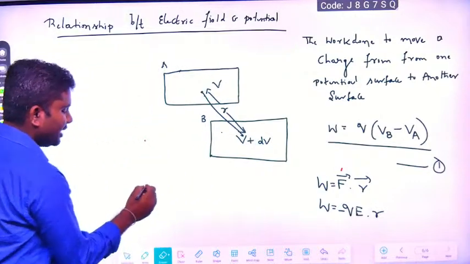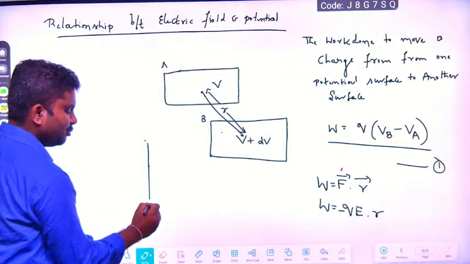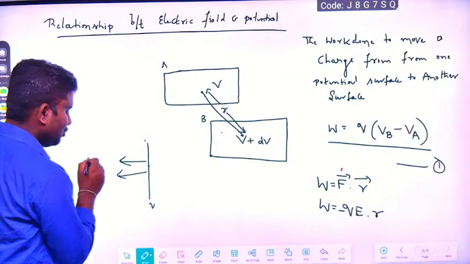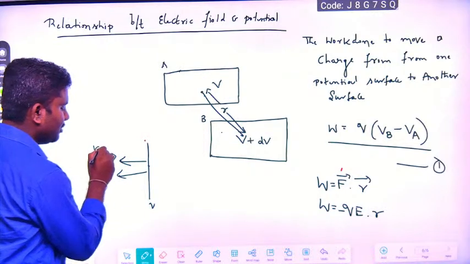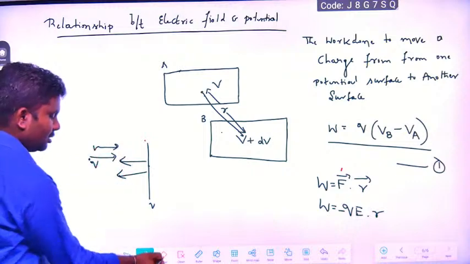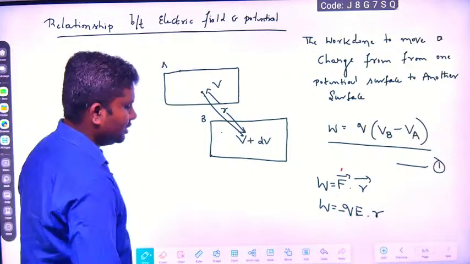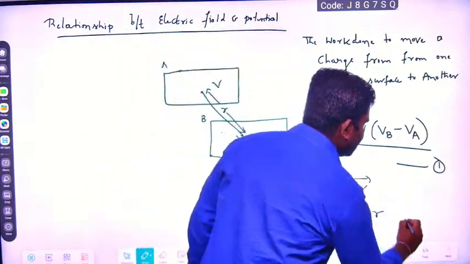This plate has some potential, so electric field lines will be moving like this, and you are moving a charge against the electric field. Then you need to do the work. So W equals Q into E into R. This is equation number 2.